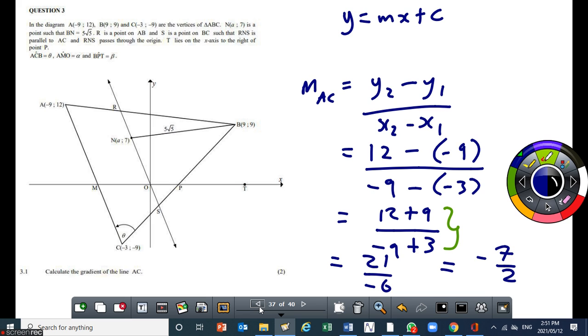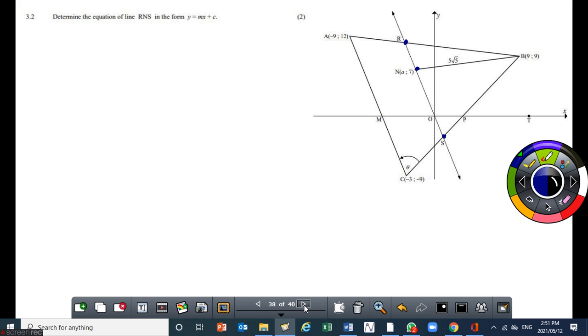We are told that RNS is parallel to AC. So these two are parallel, which means their gradients are the same. You need to pay attention. They are parallel, so their gradients are the same.